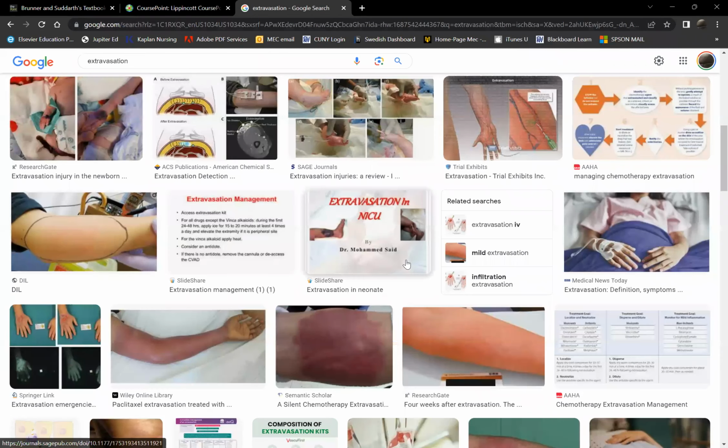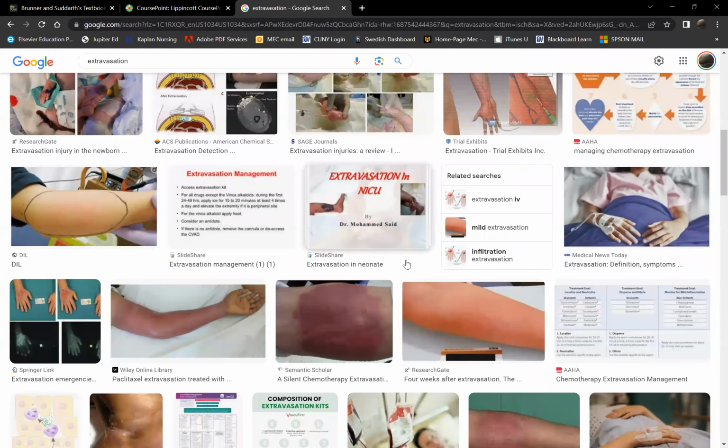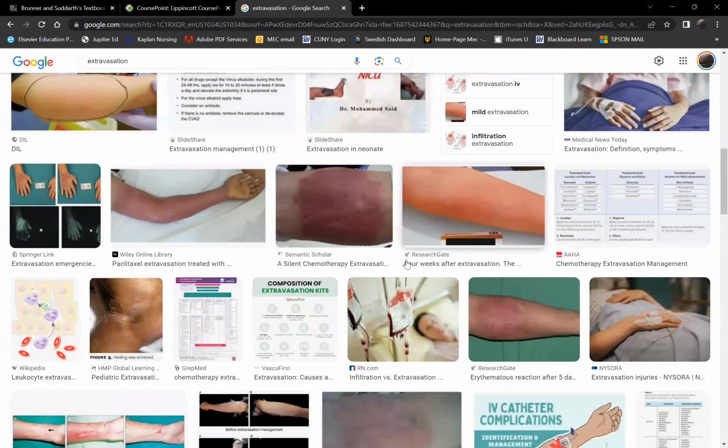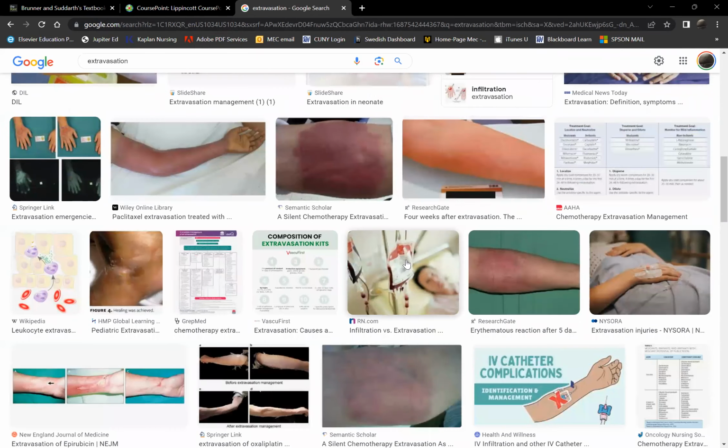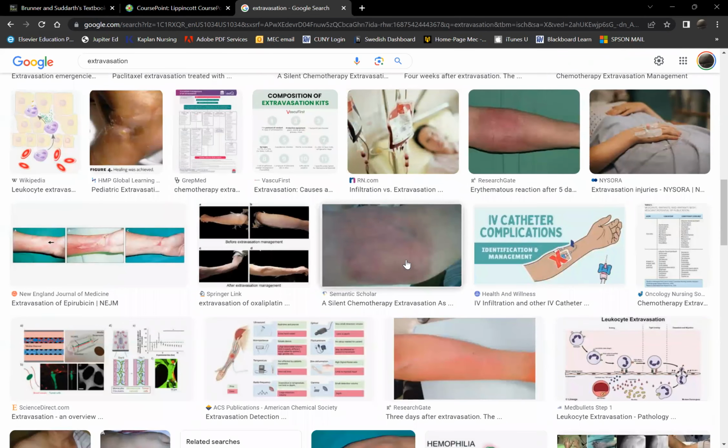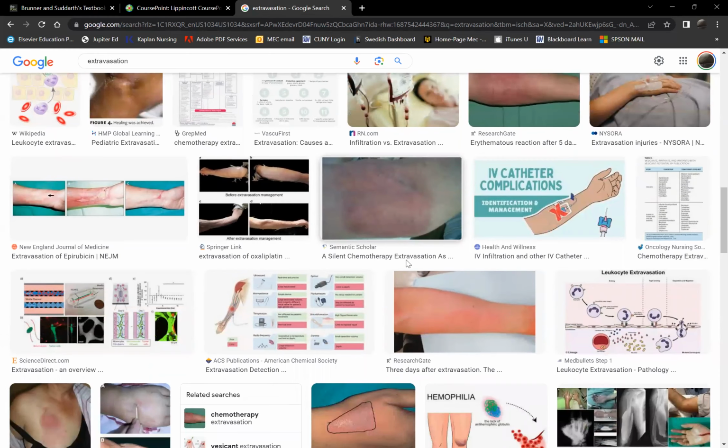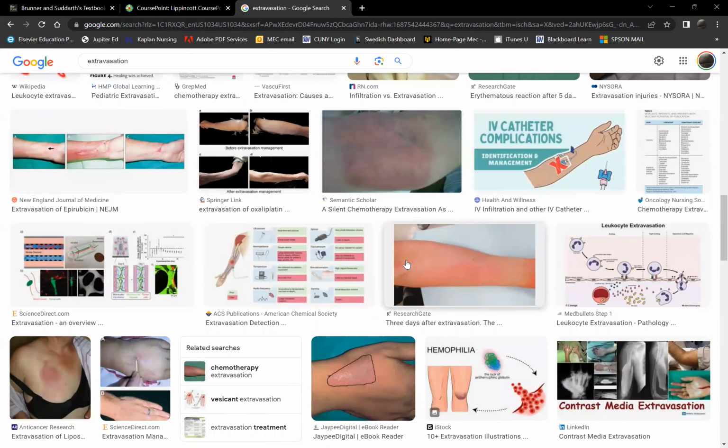Depending on how long it stayed in the tissues, we do have first aid. The key, however, is to identify it early. Chemo should really not be given through a peripheral IV because of the danger of extravasation or infiltration. It should really be given through a central line, a port, a tunneled catheter, a non-tunneled, a PICC line.